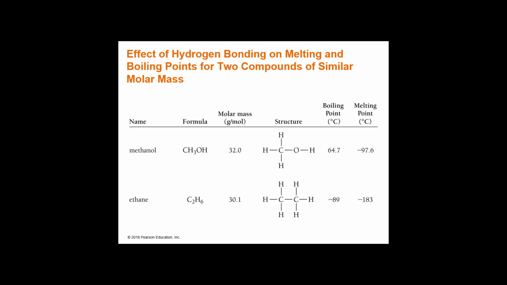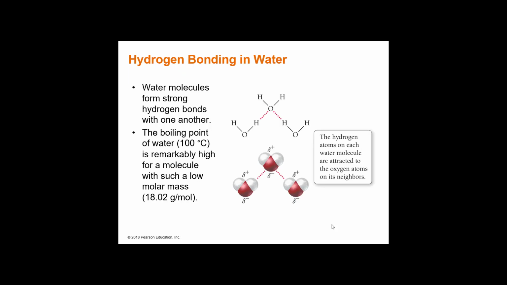You can see where the oxygen is attached to hydrogen, and then another oxygen can come in and be attracted to this hydrogen. The boiling point is 64.7 degrees. The melting point is negative 97.6. However, we have ethane, which is very symmetrical and non-polar. You can see the difference. It is vastly different in melting point and boiling point, and that has to do with the hydrogen bonding.